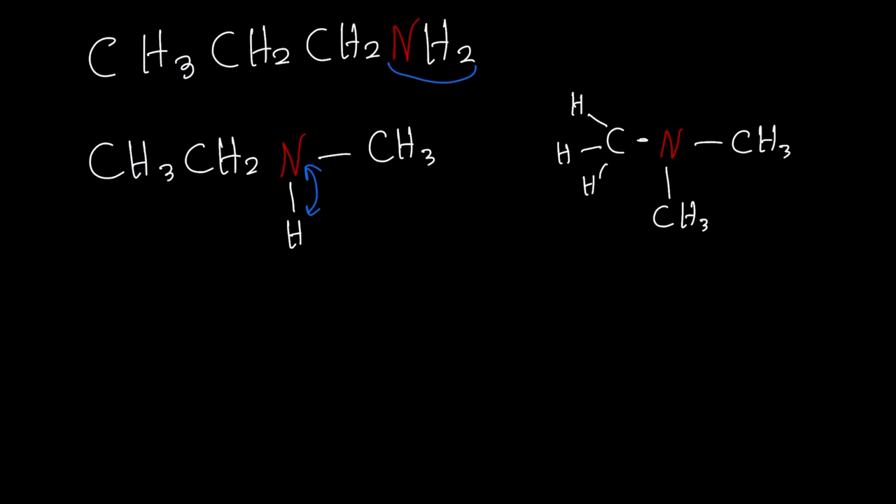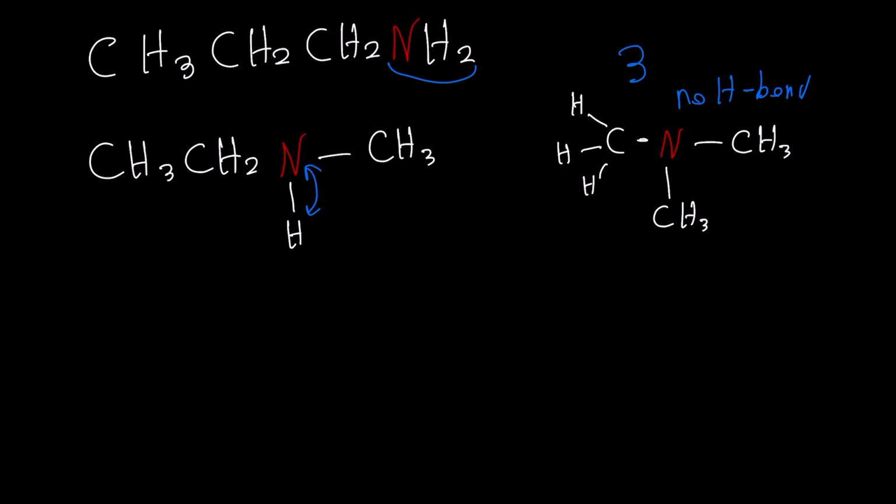So here, we have no hydrogen bonding, but here, we do have hydrogen bonding. So we know automatically this is going to be number 3 when it comes to boiling point, 3 being the lowest in boiling point and 1 being the highest in boiling point.